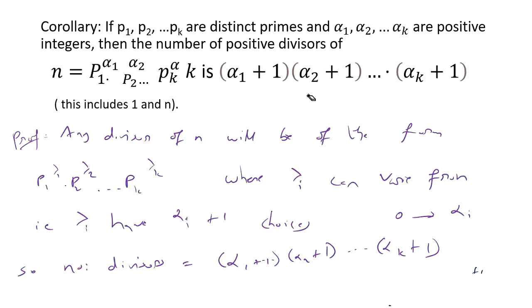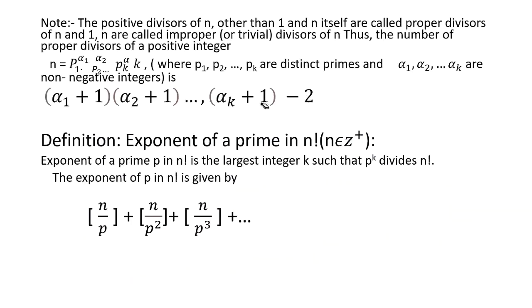Proper divisors means we have to exclude 1 and itself. If I ask you to write down the divisors of 12, they are 1, 2, 3, 4, 6 and 12. But proper divisors are 2, 3, 4 and 6. 1 and 12 are not called proper divisors.